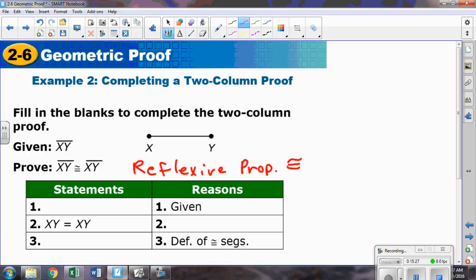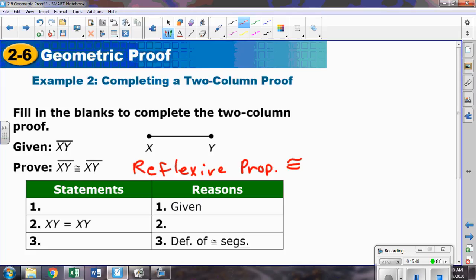Essentially, we are proving that the reflexive property is true, so that in the future, when we want to use it, we don't have to do 3 lines. We can simply say, because of the reflexive property, and do it in 1 line.